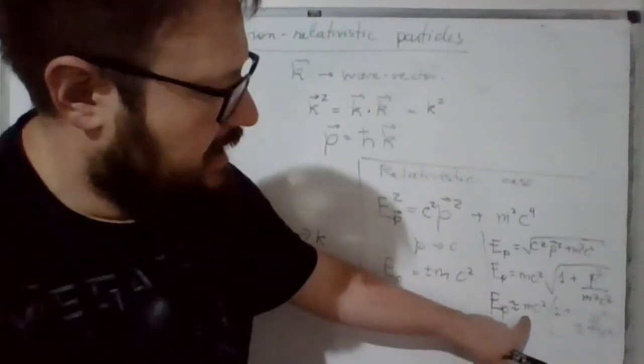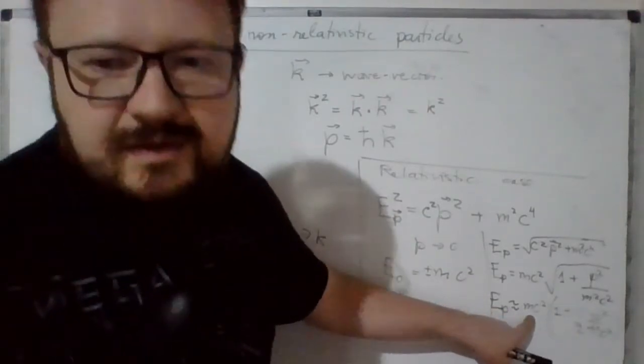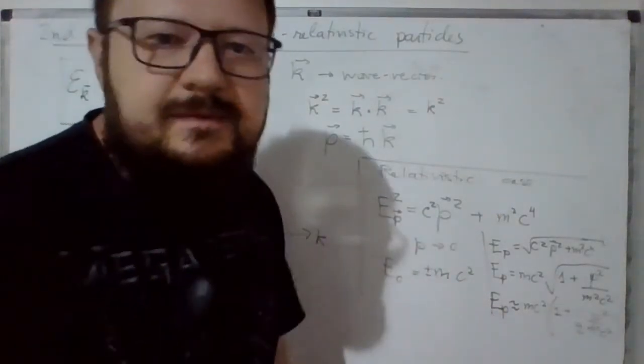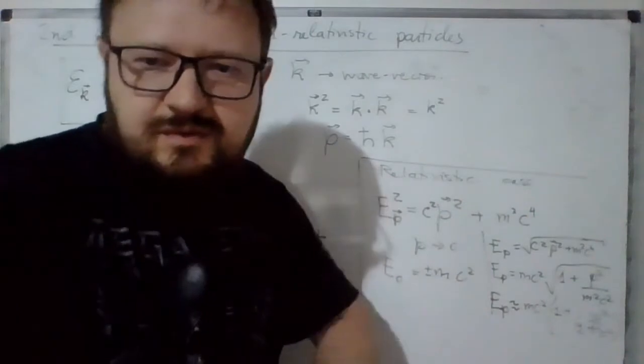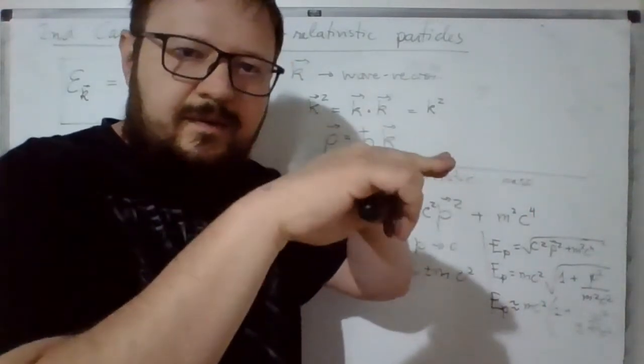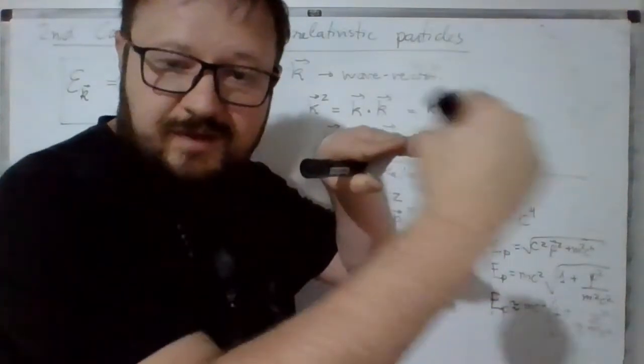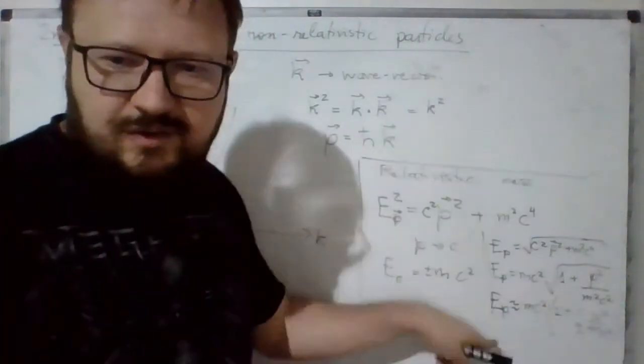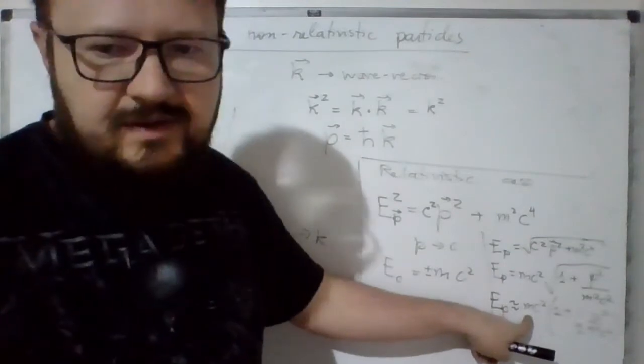And if you multiply it by mc squared, this is just an energy level which you can eliminate, because you measure energies with respect to this rest mass energy, mc squared.